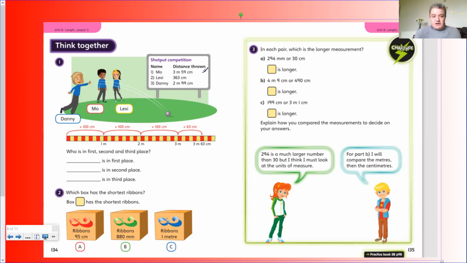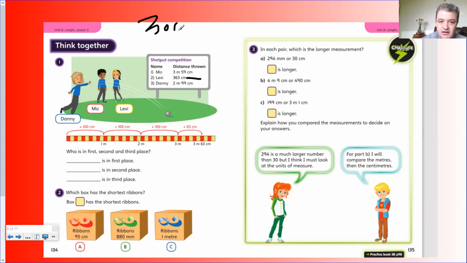So which is the odd one out here? It's Lexi. We've got a measurement in just centimeters. What I'm going to do is convert this into meters. 363 centimeters. I'm going to take the 300 centimeters first.